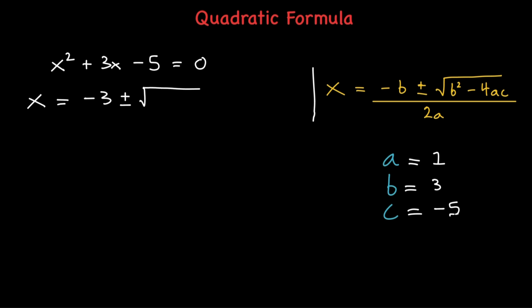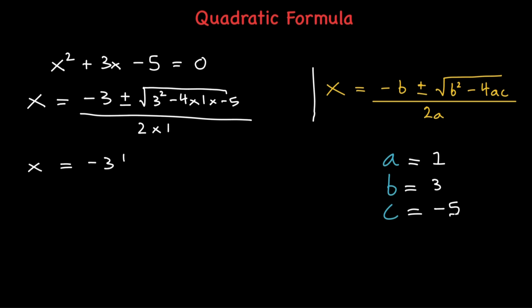So plus or minus the square root of b squared, so that's 3 squared, minus 4 times our value for a, which is 1, times our value for c, which is minus 5. And that's all divided by 2 times a, which is 1. Now we can simplify that into minus 3 plus or minus, and then we can work out what this square root becomes.